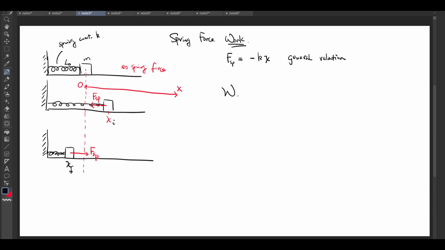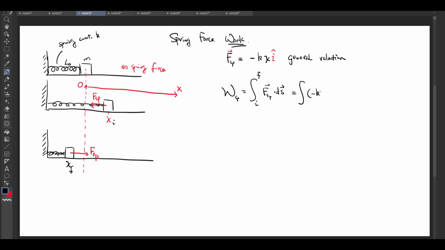We need to do the work done by spring by doing this integral, F spring dot ds, integral from initial to the final position. All right, so now since I already figured out this expression, I just want to change this expression into a vector form by adding this i hat. Okay, so that's what we plug in here.